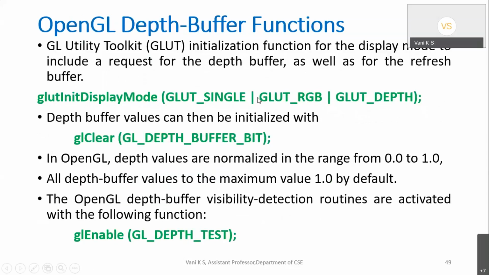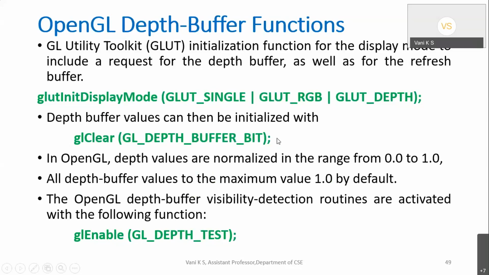Until now we were with the single buffer, and this depth information also should be included in the display mode, telling that we should also consider the depth information when displaying objects. The display mode call comes in the main function of your program. And this is a function to clear all the depth buffer information. Whatever previous values are stored from previous programs should all be cleared and set to the maximum value by default.